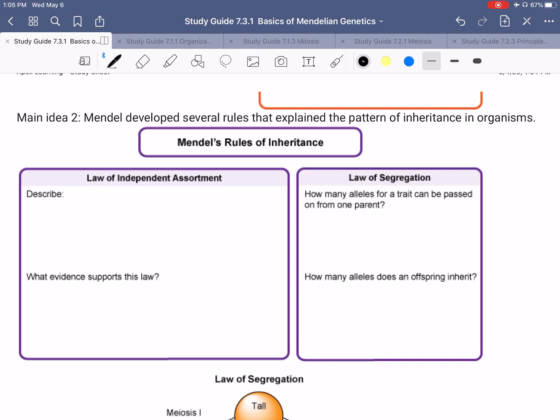What do you know about the gametes of the YY parent? All right, so the YY parent can only give capital Y. All of its sperm cells only have the allele capital Y. All of the sperm contain the big Y allele, and all of the eggs contain the small y allele.